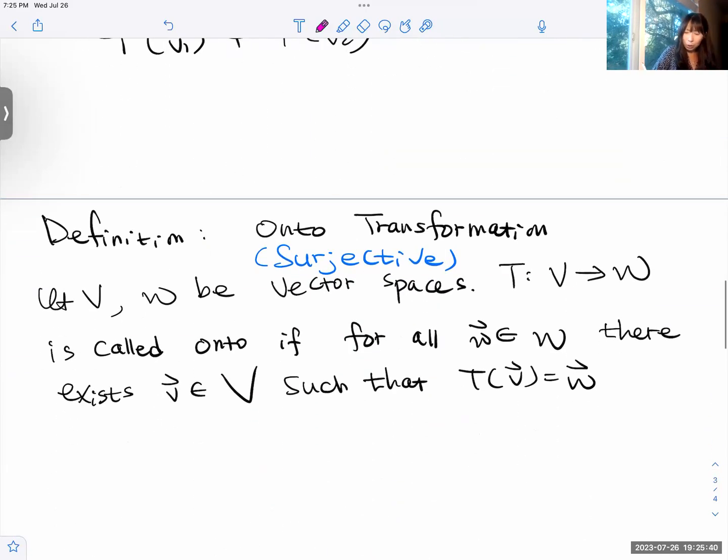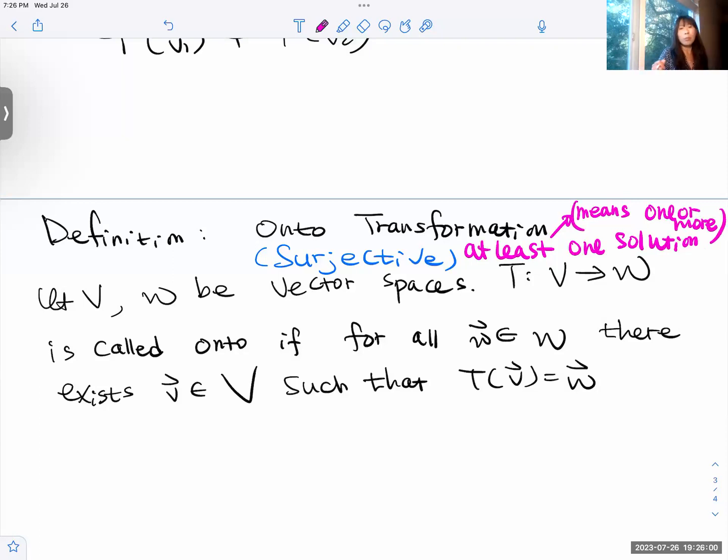And for onto, we say that there is at least one solution. So at least one solution means one or more solutions, right?